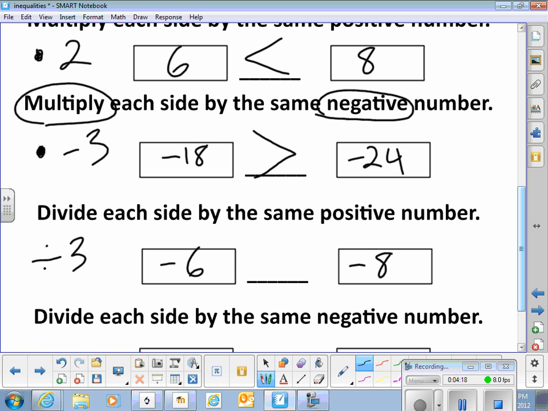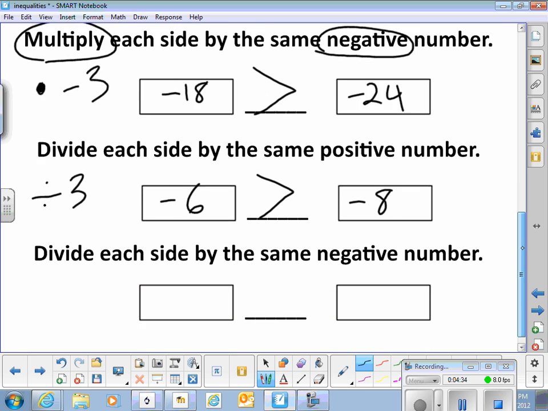Well, negative 6 is still greater than negative 8 because on the number line, negative 8 is to the left of negative 6. So things on the left on a number line are less.